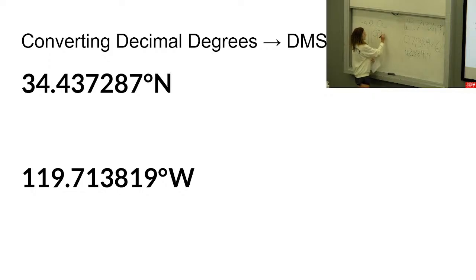So I can go ahead and add that in over here, 42 minutes. And then we have to convert this decimal minutes into seconds. So I'm going to write that out, 0.82914 multiplied by 60. That's going to give us seconds.